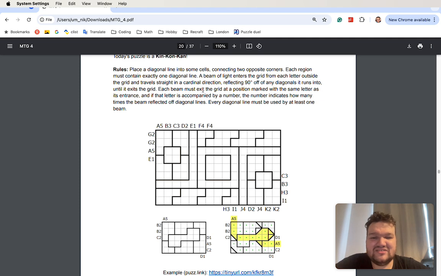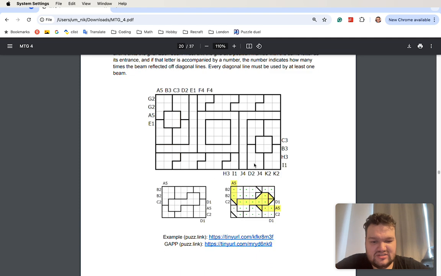Each beam must exit the grid at a position marked with the same letter as its entrance, and if that letter is accompanied by a number, the number indicates how many times the beam reflected off diagonal lines. Each diagonal line must be used by at least one beam.